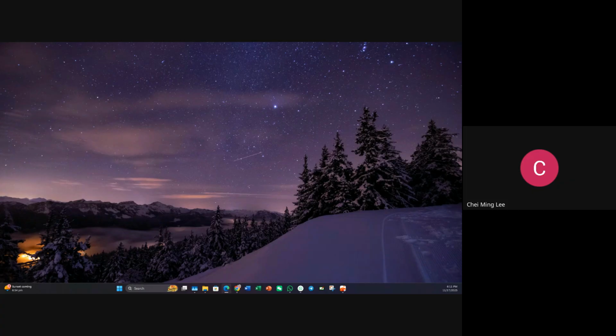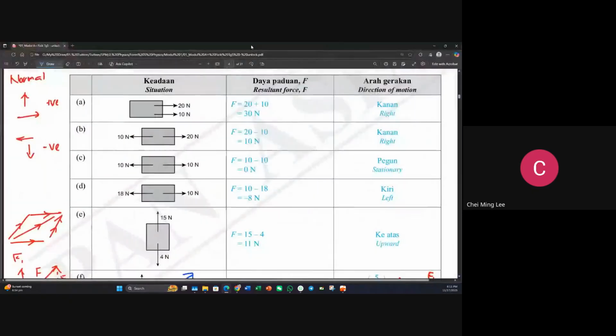Yeah, no need. Very easy. It looks very easy. No need. Okay, now let's see. For a 20 Newton and 10 Newton moving on the same side, the resultant force will be 20 plus 10, which is 30 Newton, and the direction of motion will be to the right.